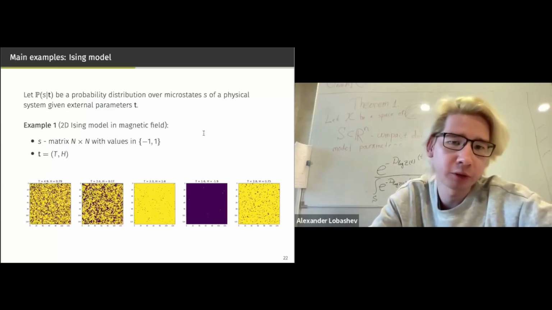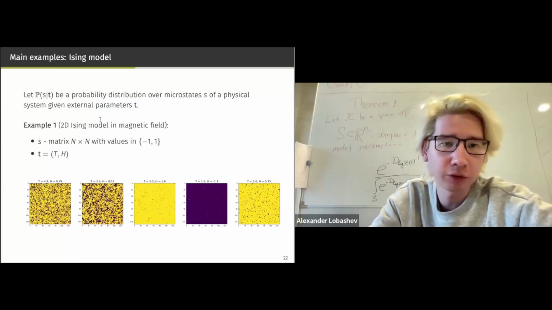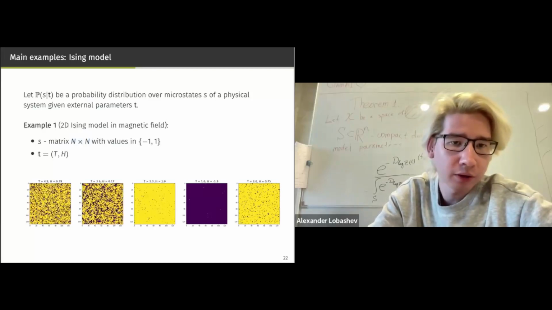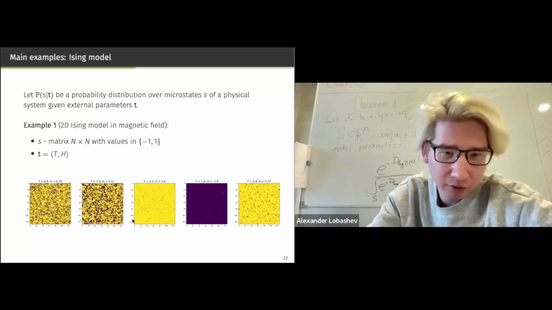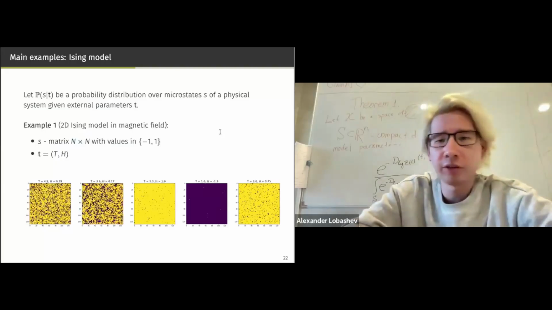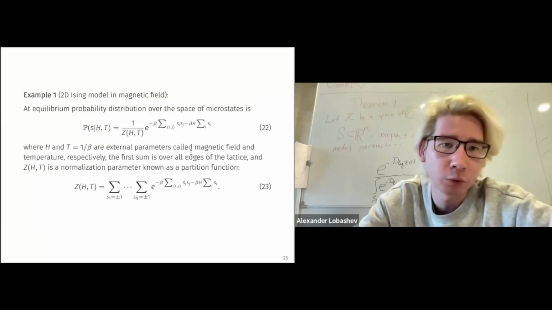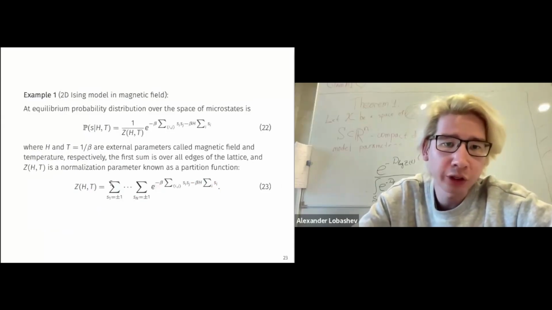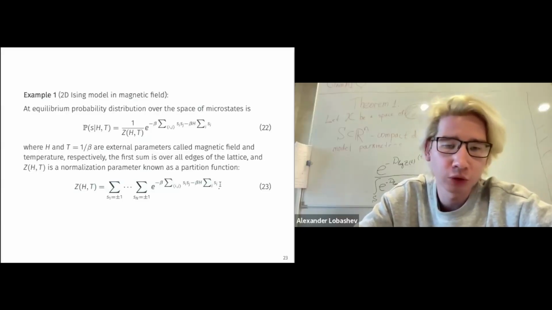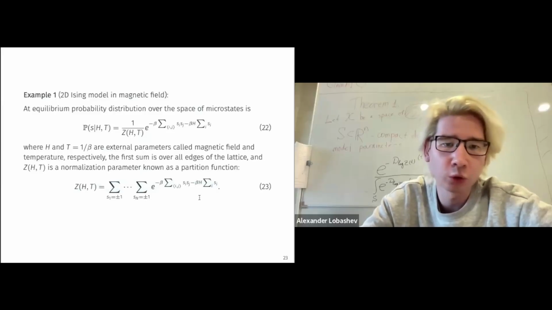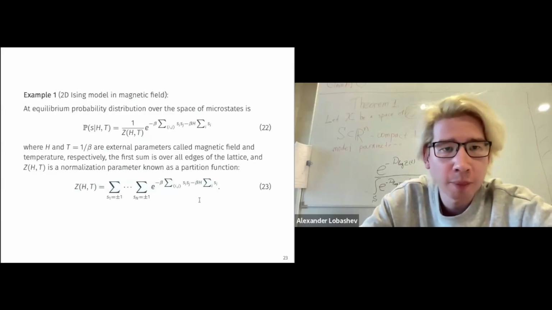Here are some samples from the Ising model on an n by n matrix, n I think is 128, and this is a typical microstate. This is similar to images generated by a diffusion model. And we have this normalization constant, which we could get theoretically, or we could get an analytical formula.